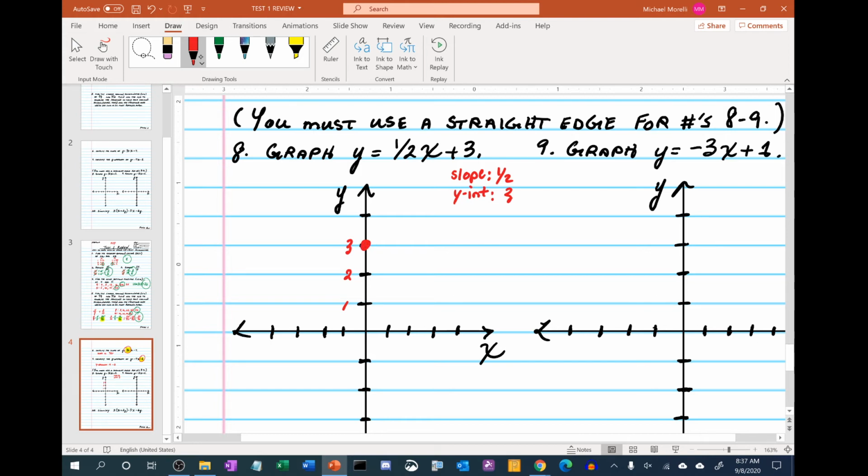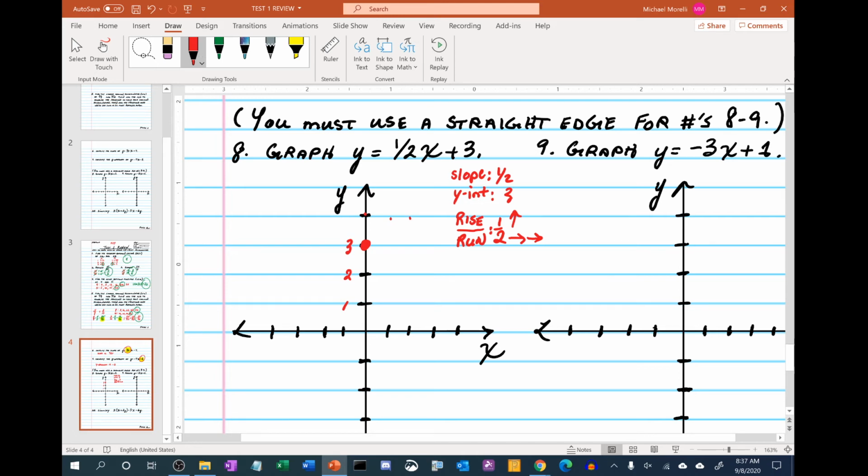Now I'm going to use my slope and think of the rise over the run. It's 1 over 2, so starting at 3, I go up 1 and over 2.